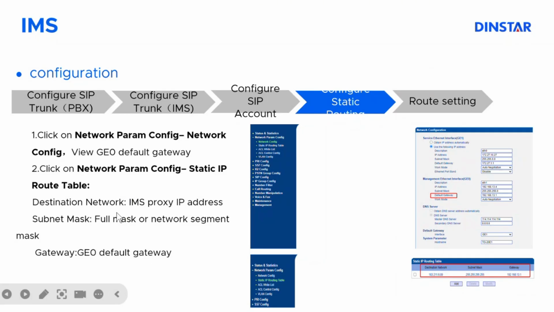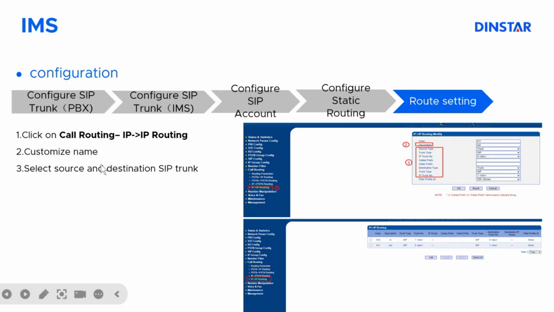And also we need to fill in the subnet mask, and we always just fill in the full mask. And we can see the gateway. The gateway is the default gateway, like this G0. It means a jump from the gateway to the destination network, the IMS network, the IMS proxy server.